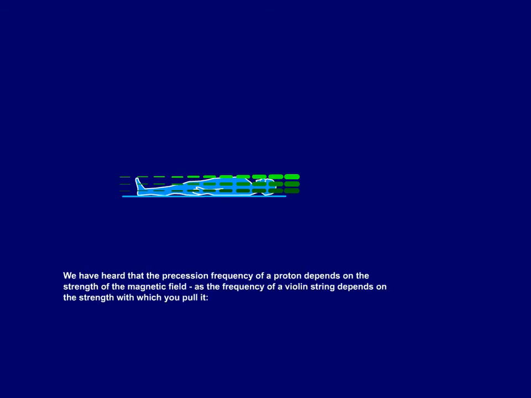What does this do? We have heard that the precession frequency of a proton depends on the strength of the magnetic field, as the frequency of a violin string depends on the strength with which you pull it.